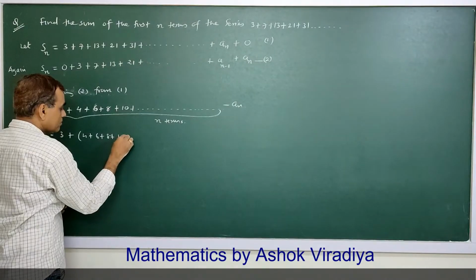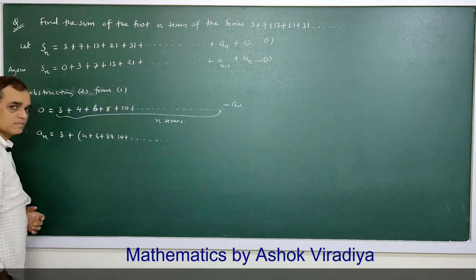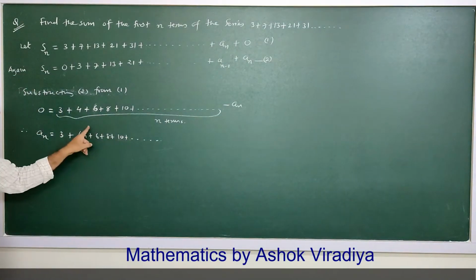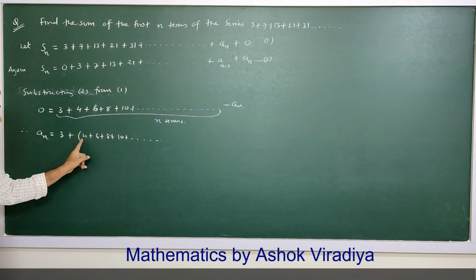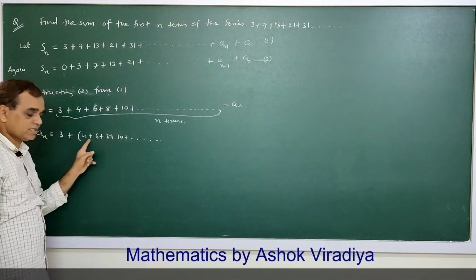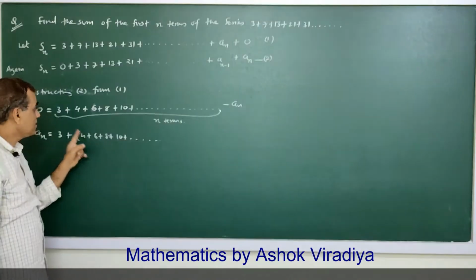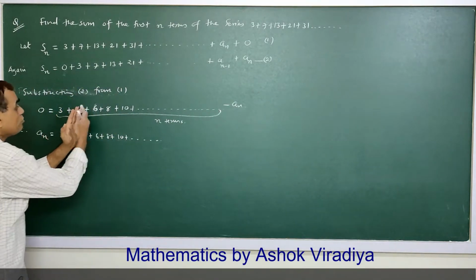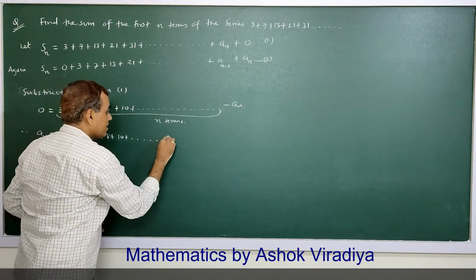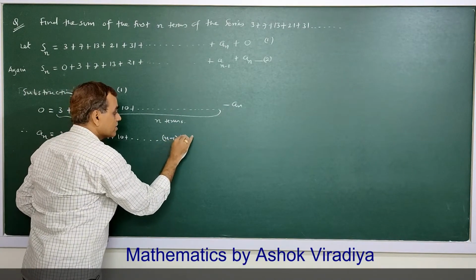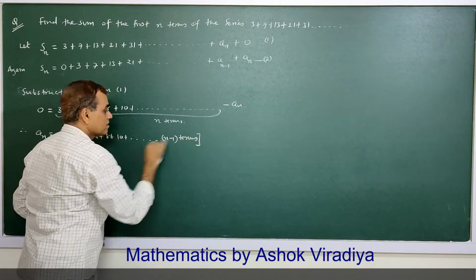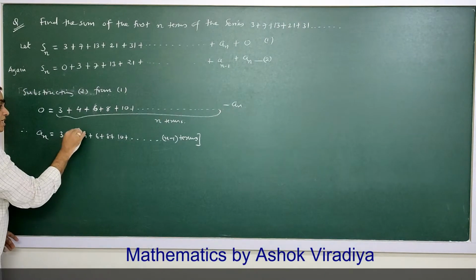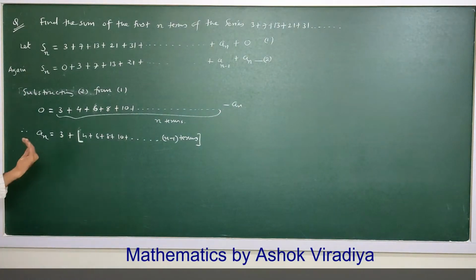Now check, in bracket, these are how many terms? These were n terms, but 3 is separated. So how many are left? So these are n minus 1 terms. Separating 3, remaining are n minus 1 terms.